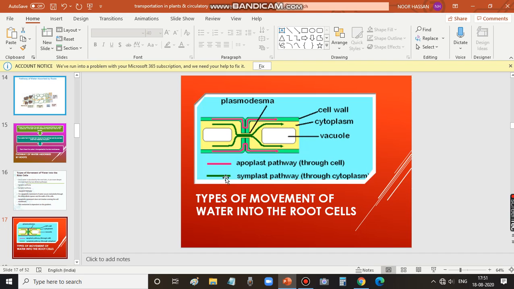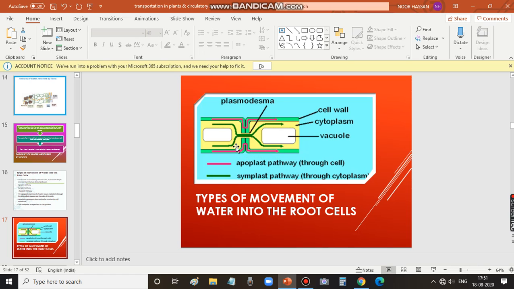Whereas the other one, which is drawn using this green color, shows that movement of water occurs through the plasma membrane and across the cytoplasm. Okay, so these are the two types of movement. The apoplastic pathway shows movement outside, through the intercellular spaces and between the cell walls of the cells.